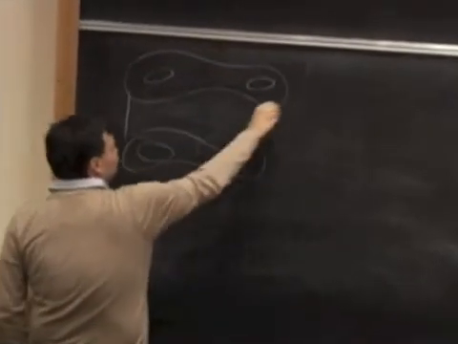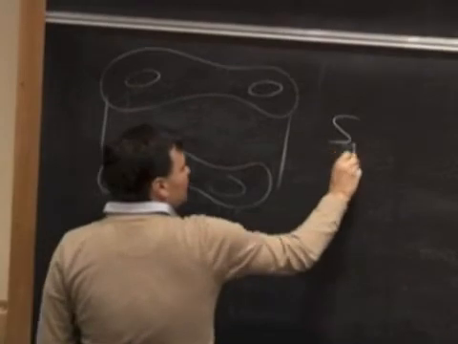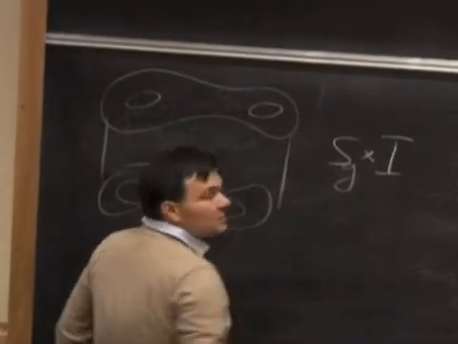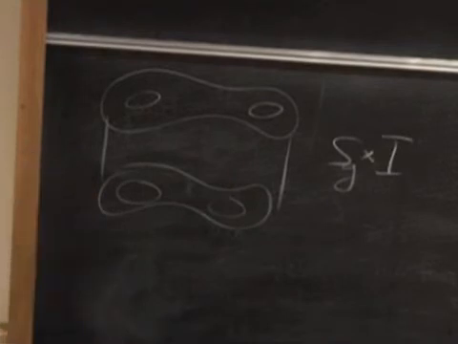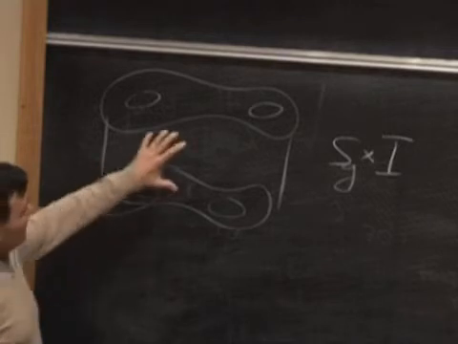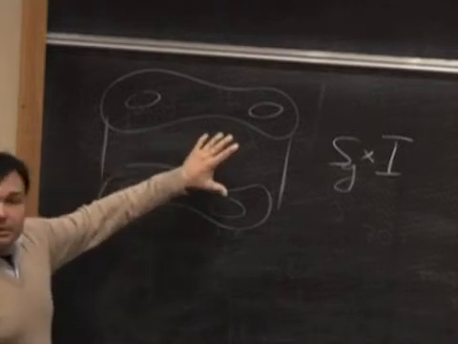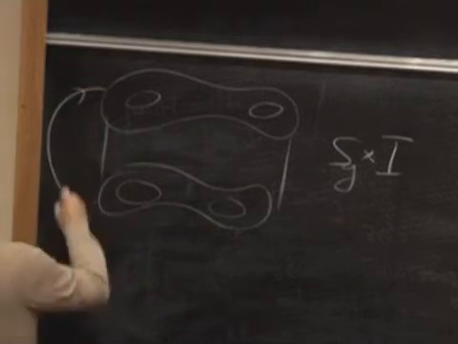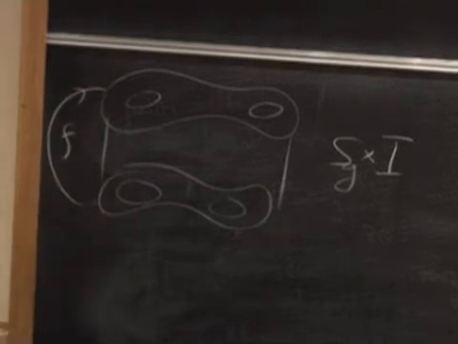First, you start with the interval. So this is S_g, a closed surface of genus g, and you cross it with an interval, say [0,1]. This is just a simple product, but now you glue the top and the bottom by a particular homeomorphism of the surface.